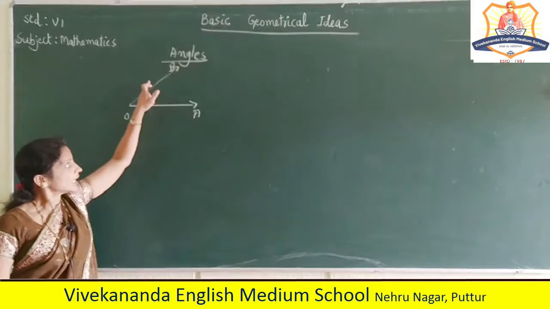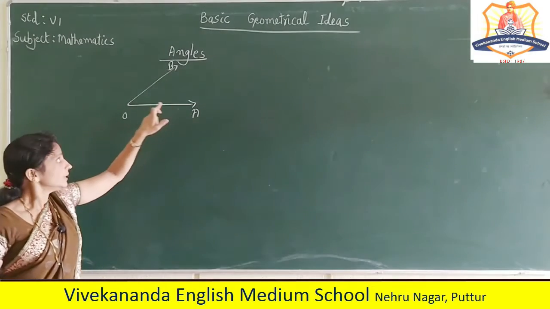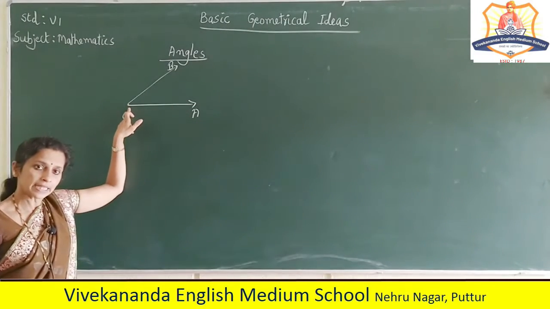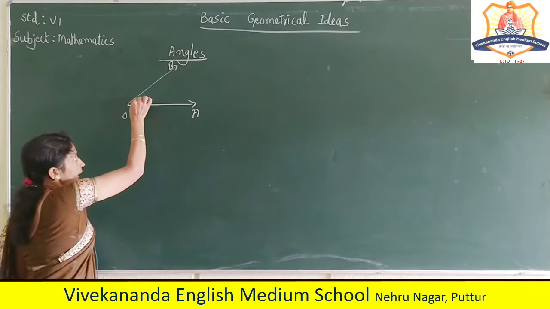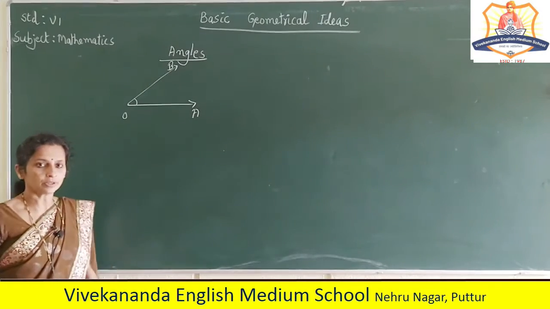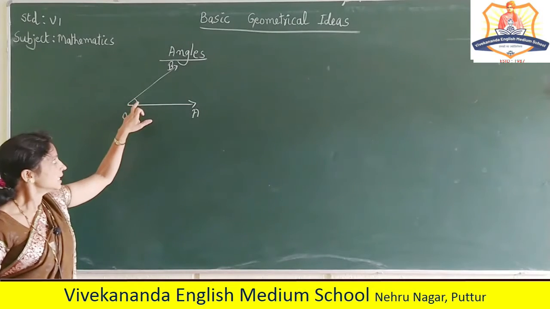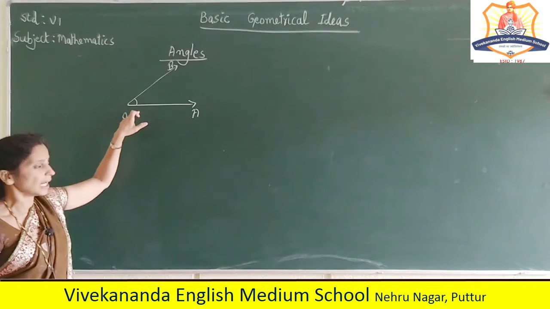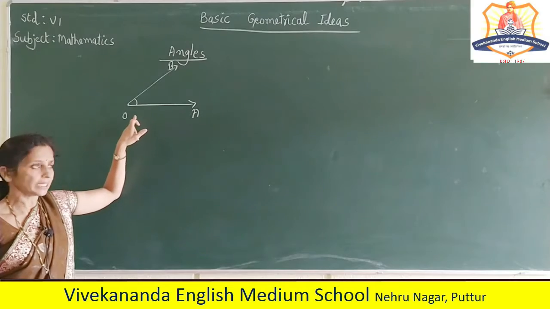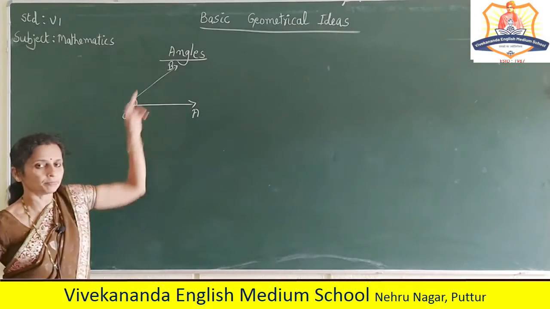So here two rays start from the same point O. Here an angle is formed, and we mark the angle by an arc. The angle is AOB.